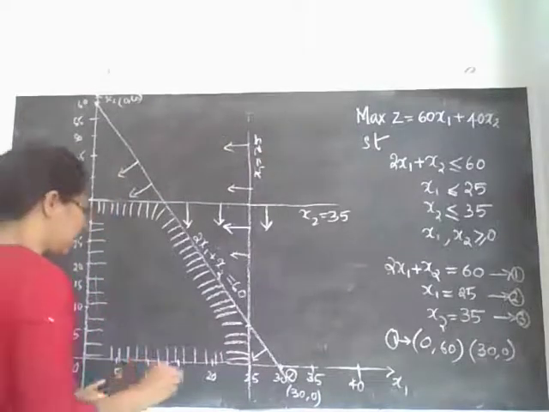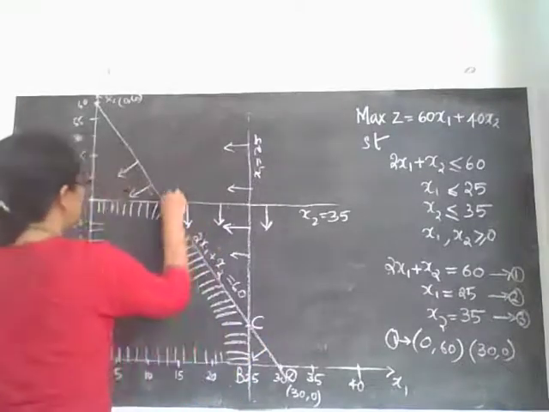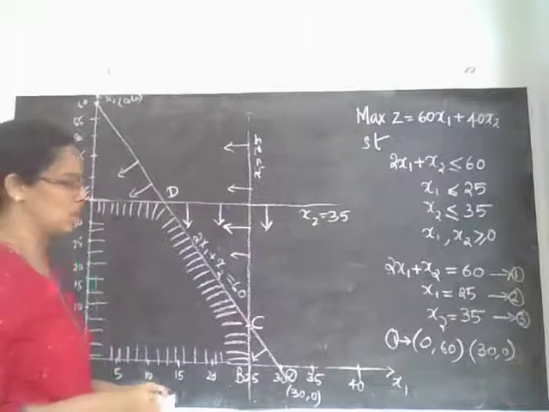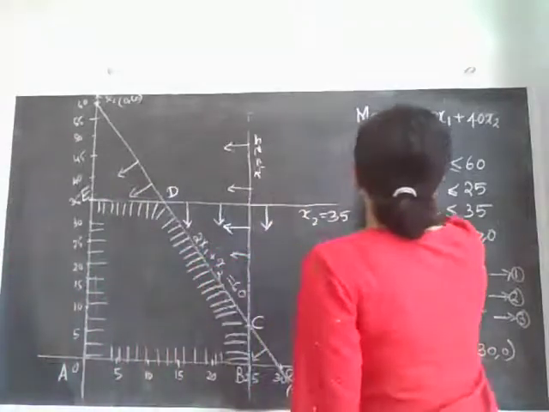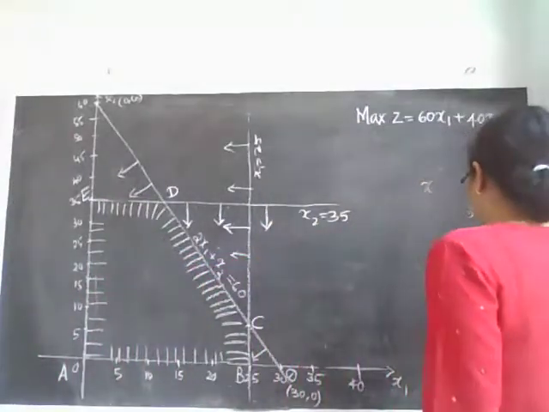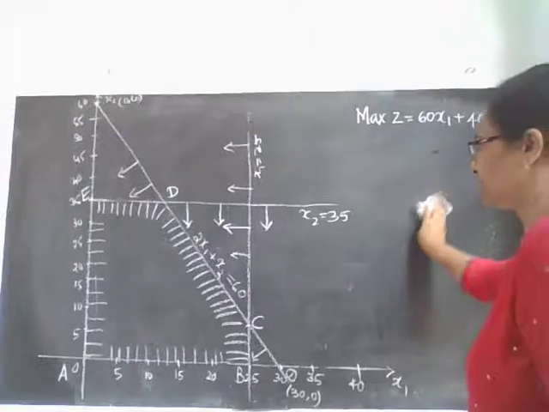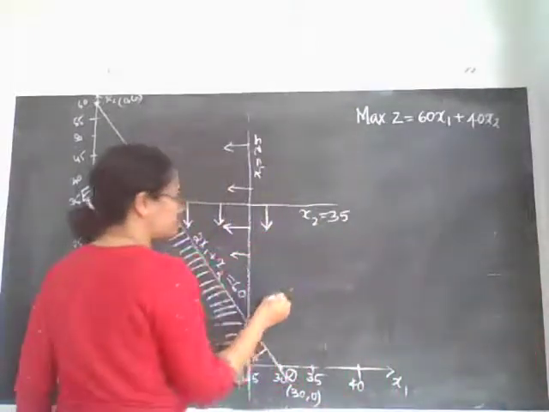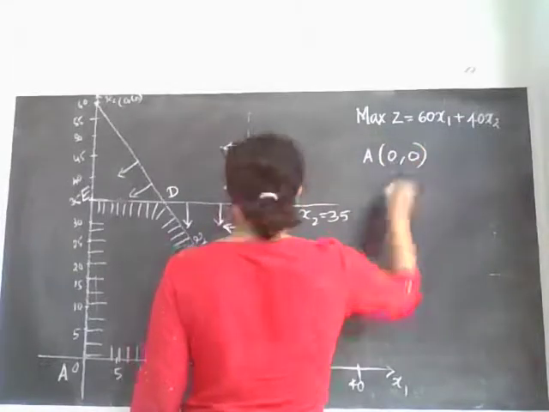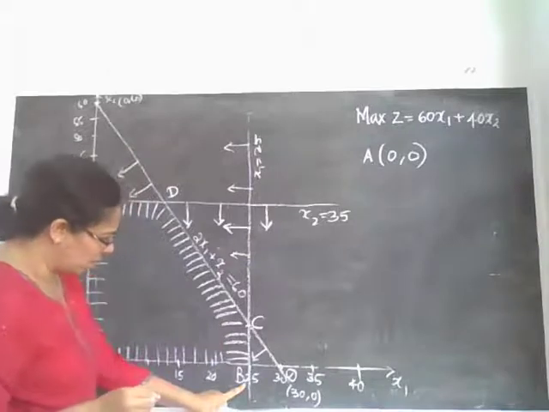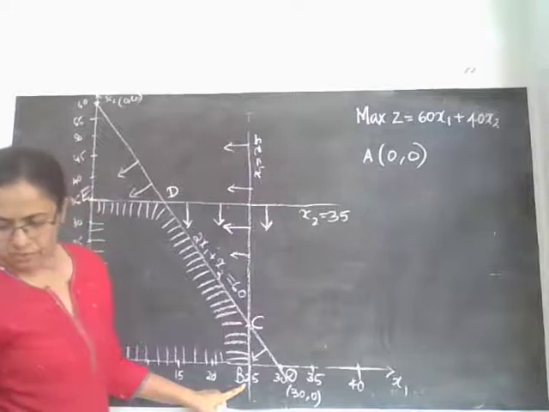So we take this bounded region, with A, this is B, this is C, this is D, and this is E. We will write those points here. A is 0, 0. B is 25, 0.